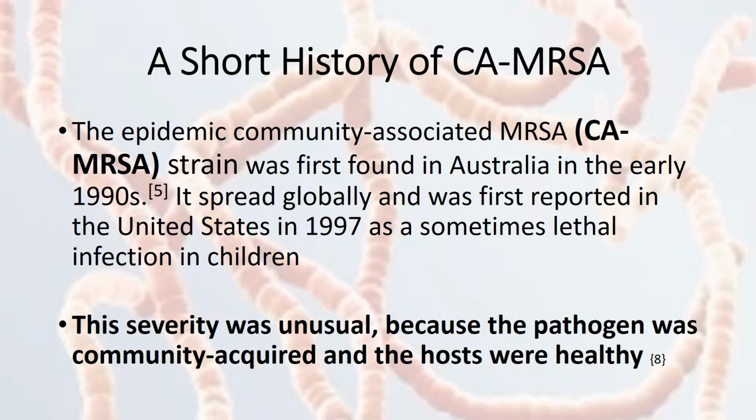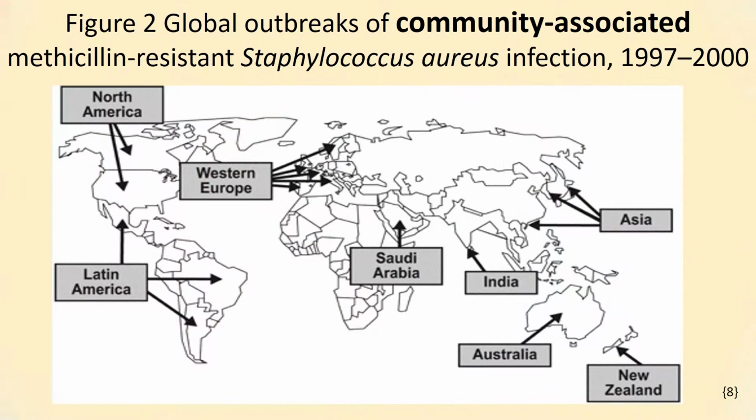This severity was unusual because the pathogen was community-acquired and the hosts were healthy. This figure shows the global outbreaks of community-associated methicillin-resistant Staphylococcus aureus infection from 1997 to the year 2000. As noted by this map, many of the epidemic countries are so-called first world countries.